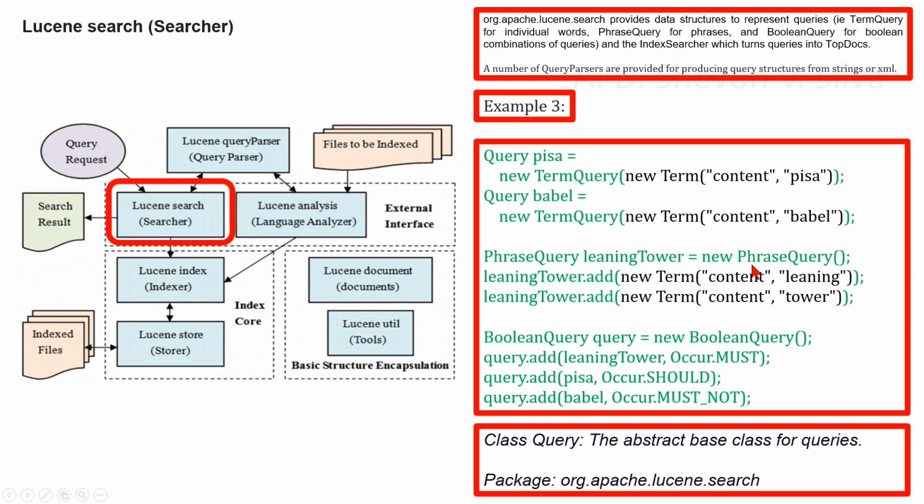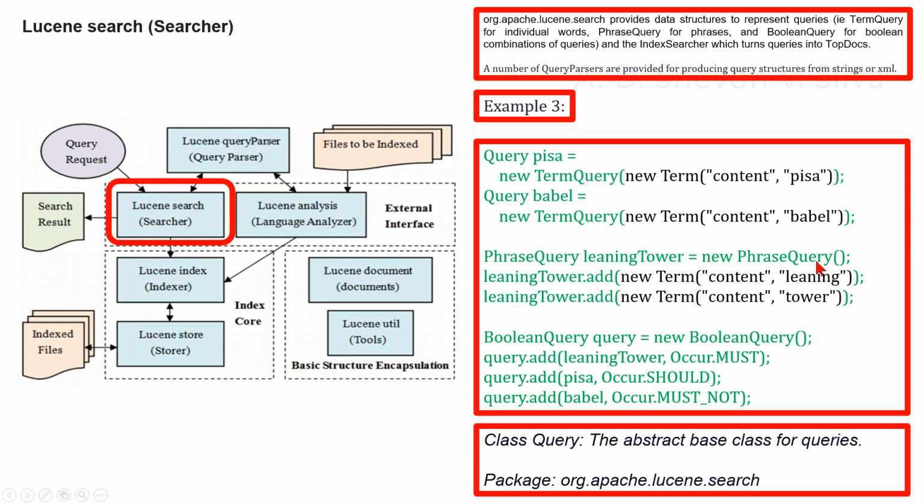Here you can see PhraseQuery, a query that matches documents containing a particular sequence of terms. A PhraseQuery is built by a query parser for input like "New York".